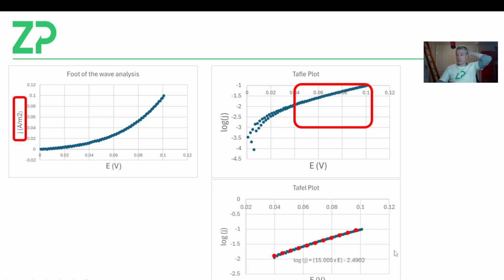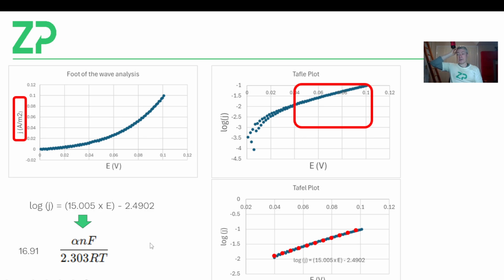I do a linear best fit in Excel, and I get the equation that the log of current density is equal to 15 times potential, now I'm using potential here, not overpotential, minus the log of exchange current density. So that 15 is actually proportional to this statement here. We know most of the values in that statement, because n is the number of electrons.